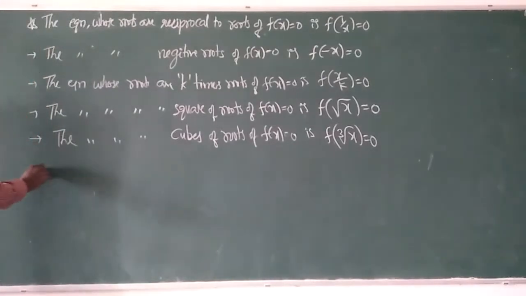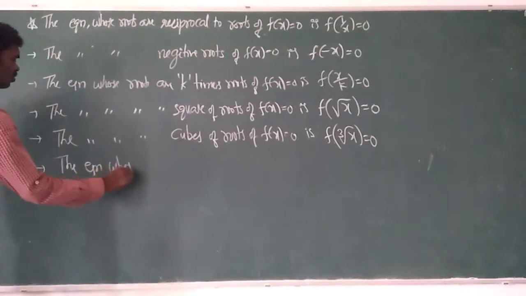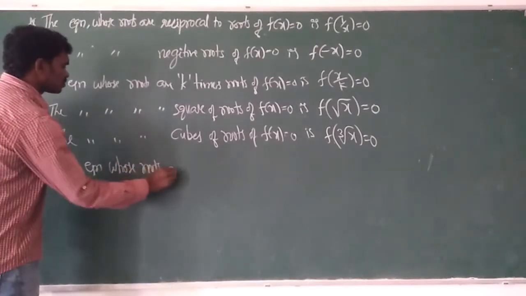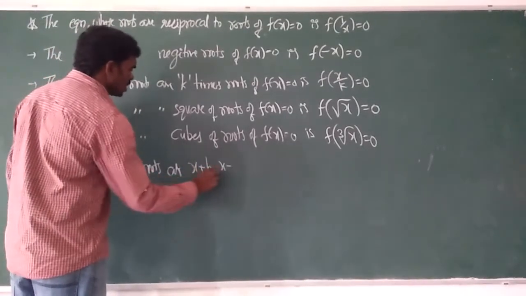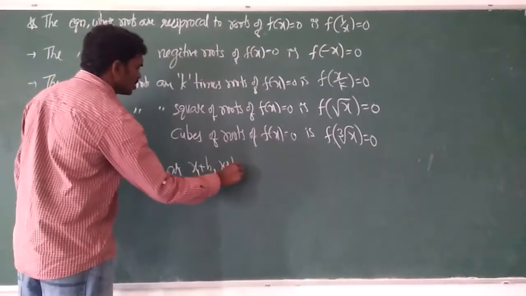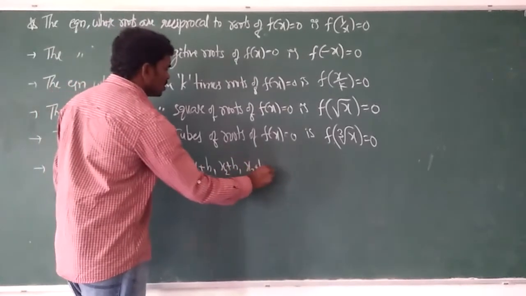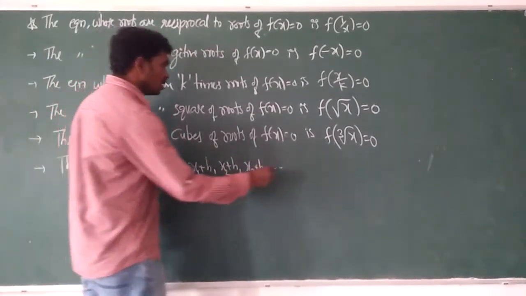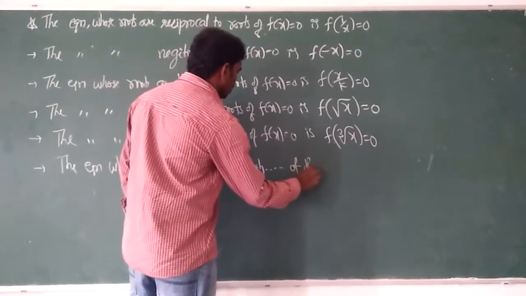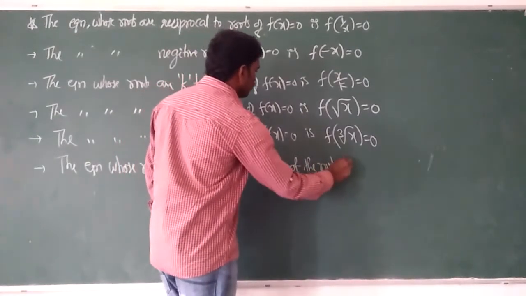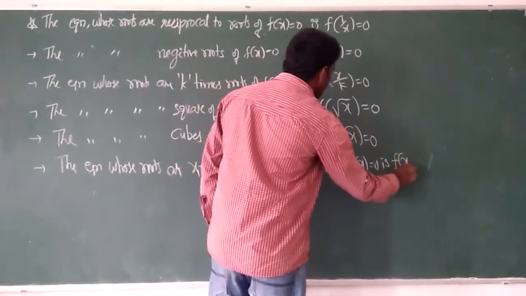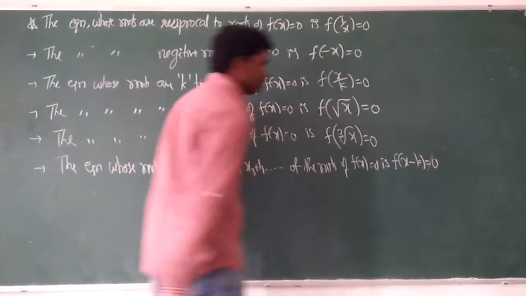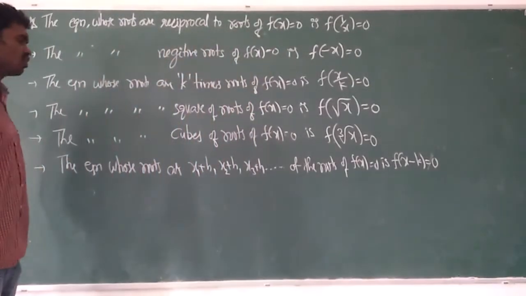Okay. Then the equation whose roots are x1 plus h, x2 plus h, x3 plus h, of the roots of f(x) = 0, is f(x minus h) = 0.